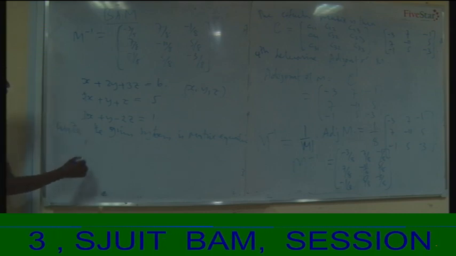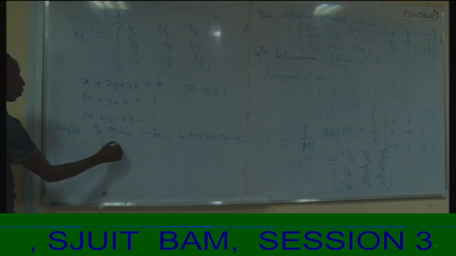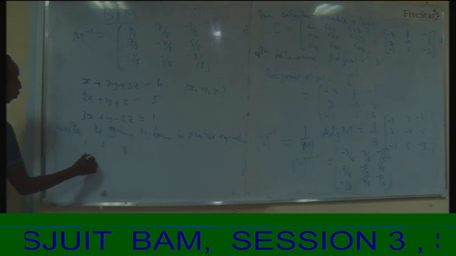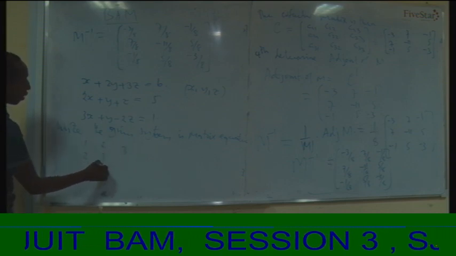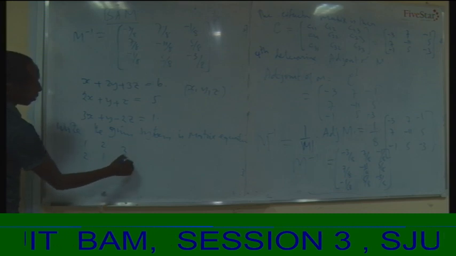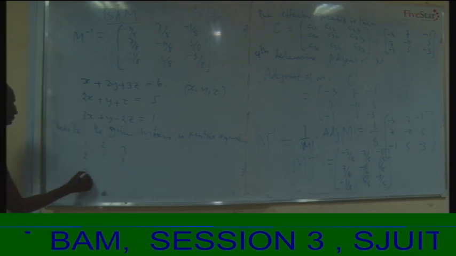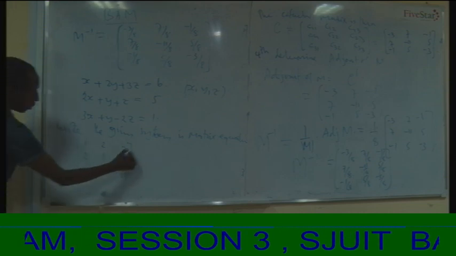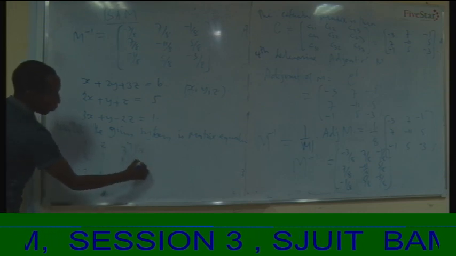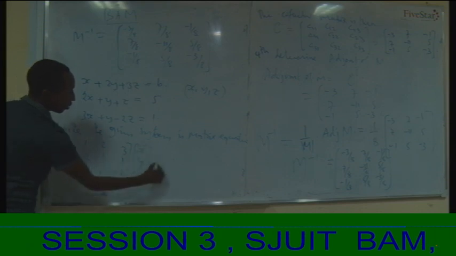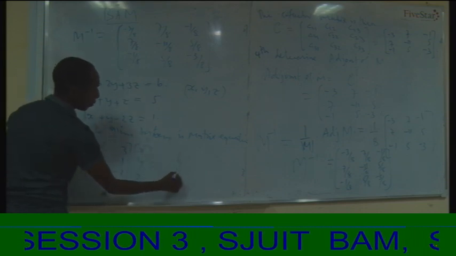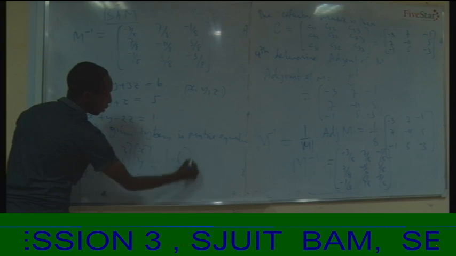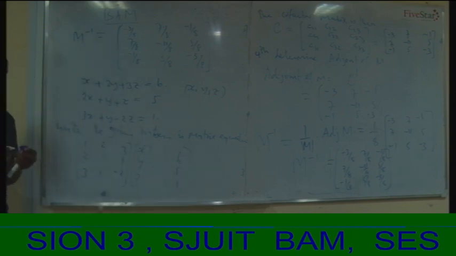The coefficients are 1, 2, 3, 2, 1, 1, and here the coefficients 3, 1, negative 2. This is the matrix times the variables x, y, z. This is equal to 6, 5, 1. This is now called the matrix equation.